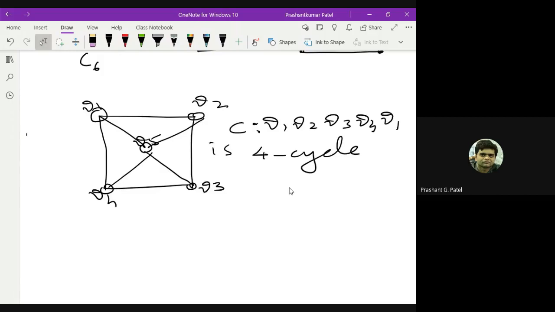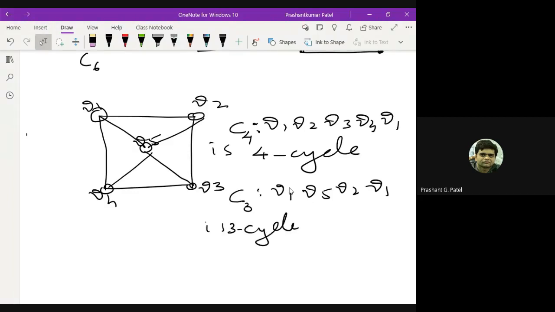So this graph contains a 4-cycle, C4. C3: starting with any vertex, let's say I start with V1, then V5, then V2, again we come to V1. So this triangle is there. So it is a 3-cycle. That's why it is C3.